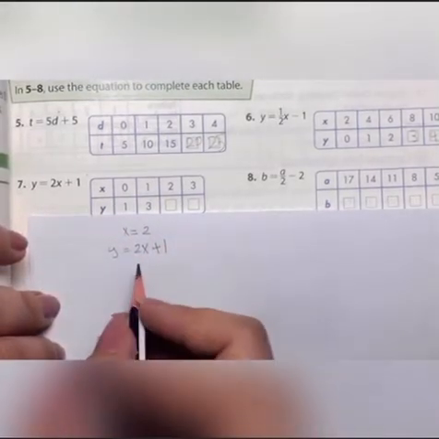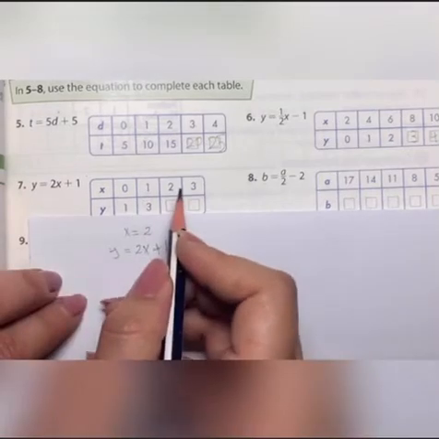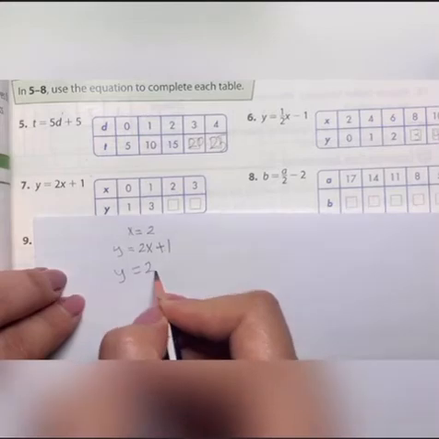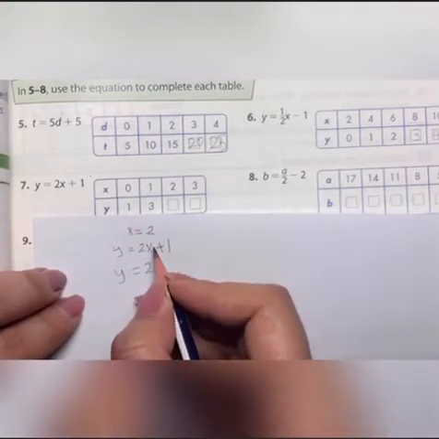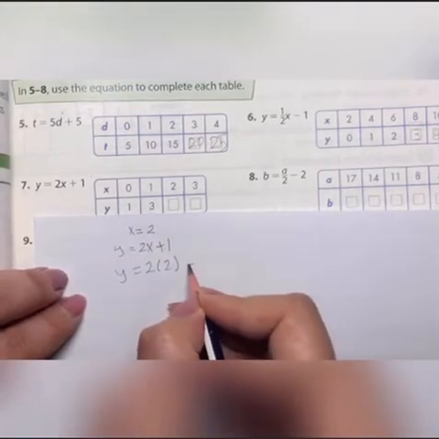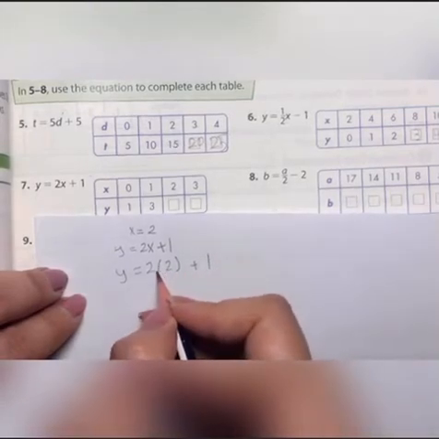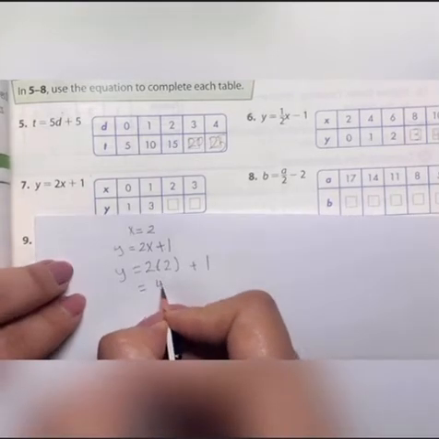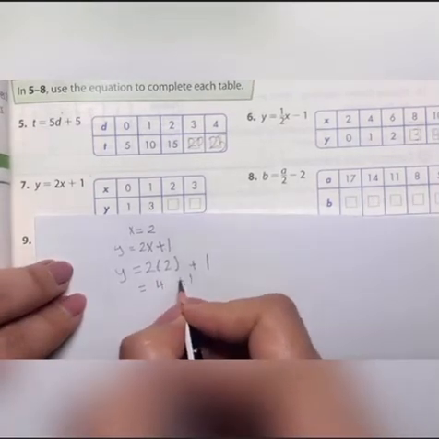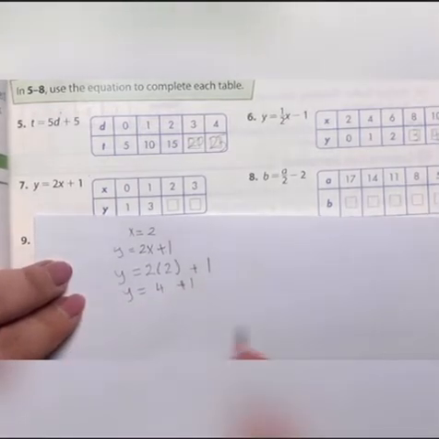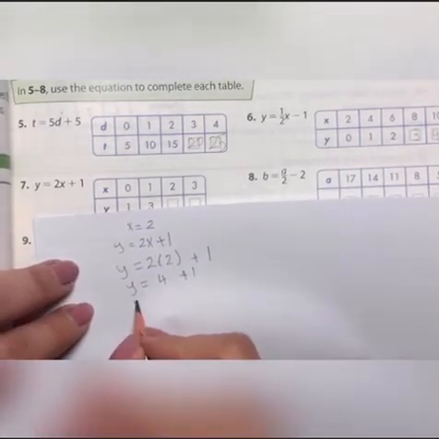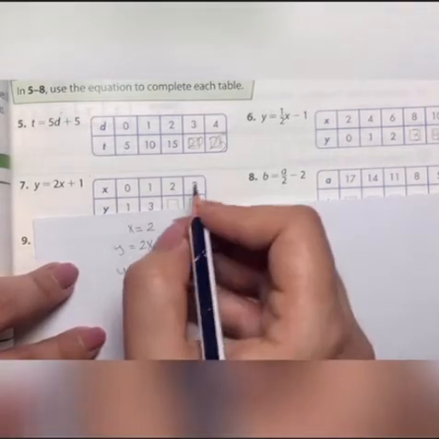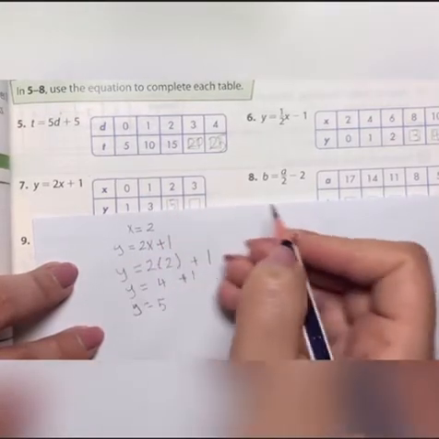Instead of x, we would write 2. We have y equals 2 times 2 plus 1. That's a multiplication. 2 times 2 is 4, and plus 1, 4 plus 1, y equals 5. Then we would write 5.